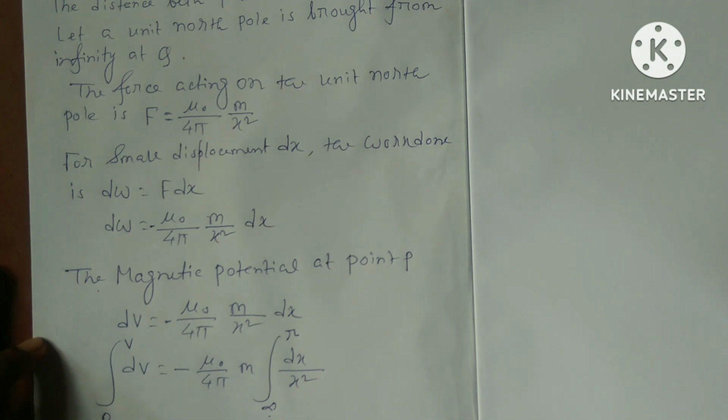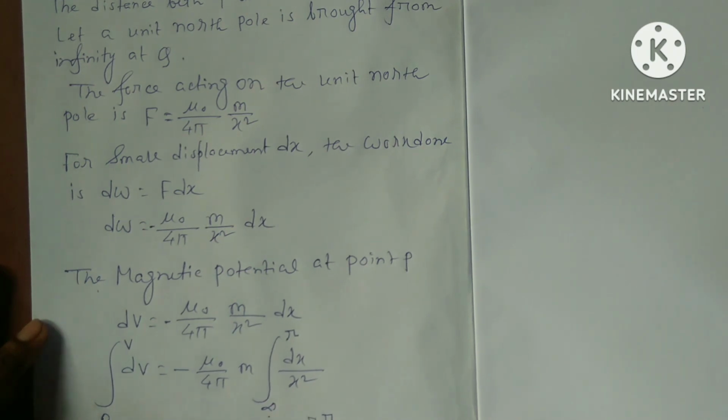So V equal to mu 0 by 4 pi m, so minus sign, minus 1 by x from 0 to r, so V equal to, we can get, mu 0 by 4 pi into m by r.